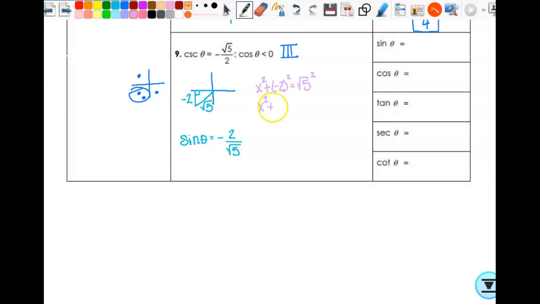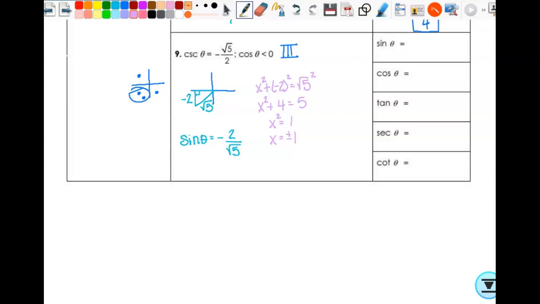X squared plus 4 equals 5. So x squared equals 1. So x, straight from Pythagorean theorem, is plus or minus 1. Then you have to decide. Now, when it's the radius, it's easy. Radius is always positive. But here you've got to decide, is my x positive 1 or negative 1?